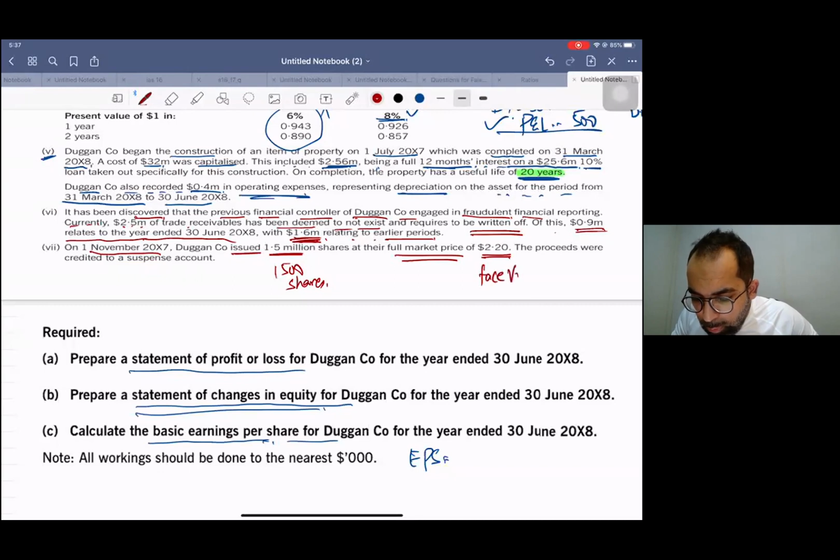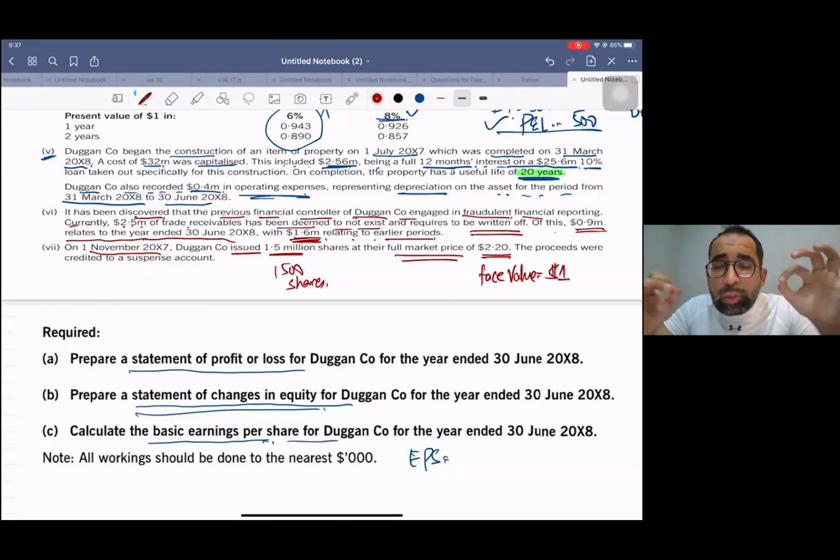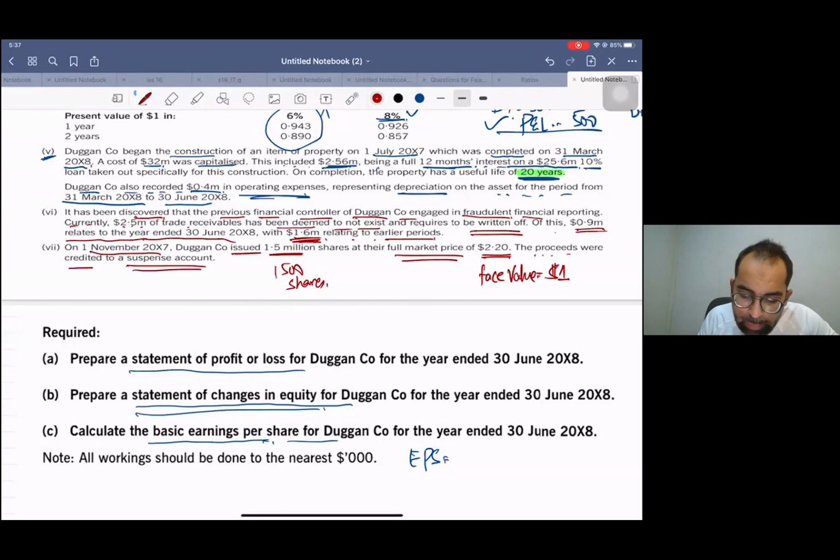The face value in the question is $1, so you can easily calculate the share premium. The proceeds were credited to a suspense account.